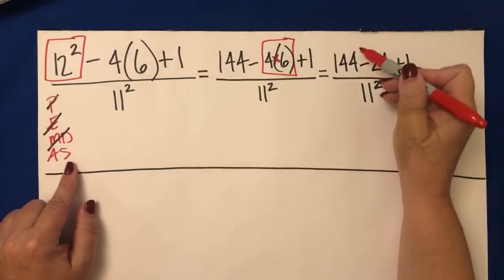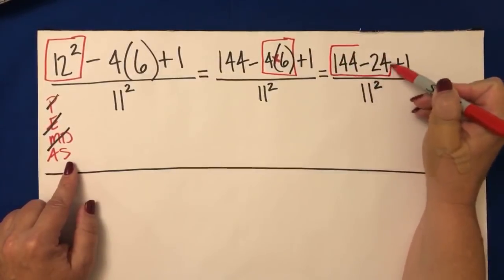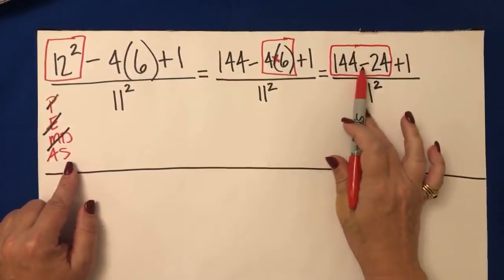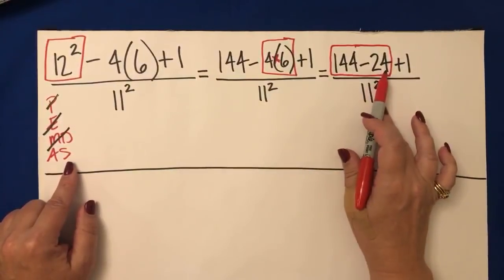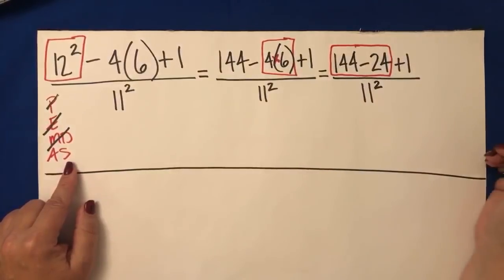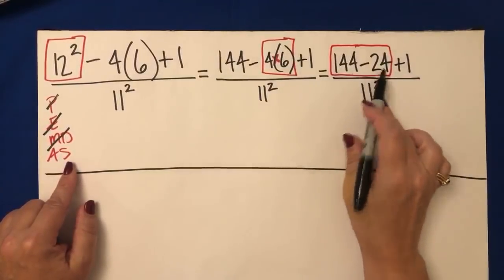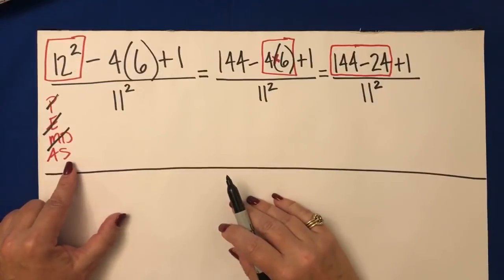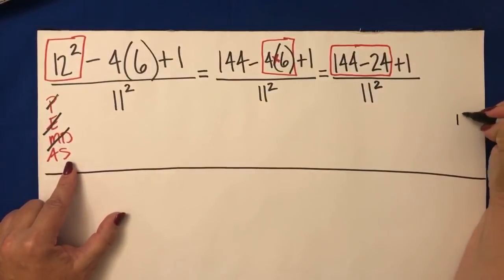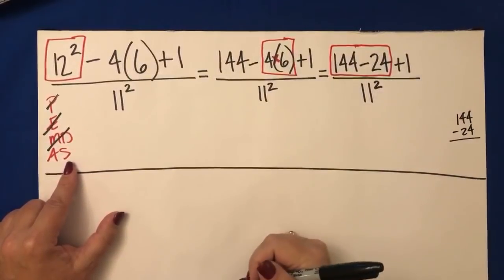Good, yeah. We're going to subtract the 144 minus 24 over here. So that came first, right? Now, if you can do that in your head, that's awesome. Somebody says 121. If you need to, you could just come over to the side and line it up like this to see what you think.